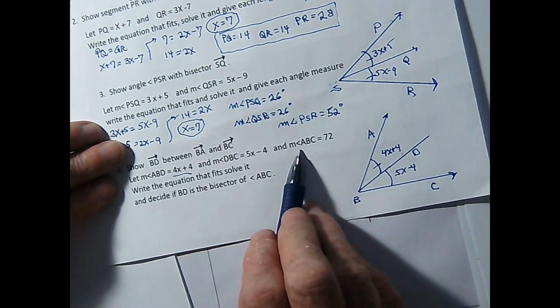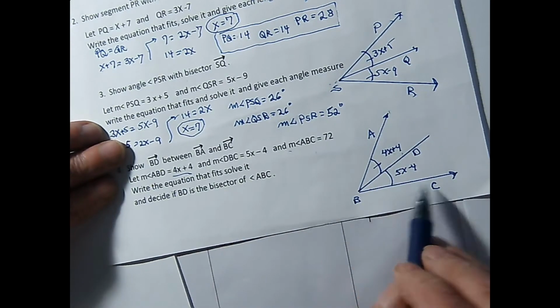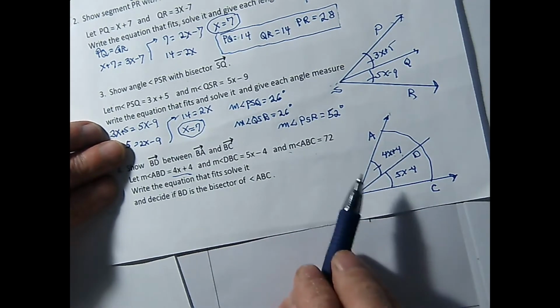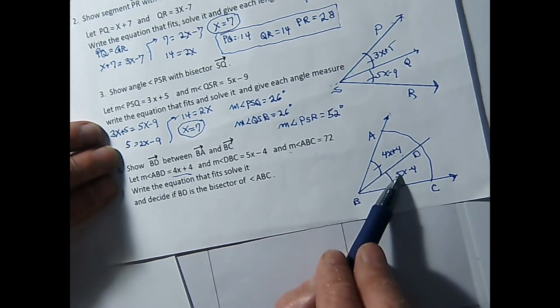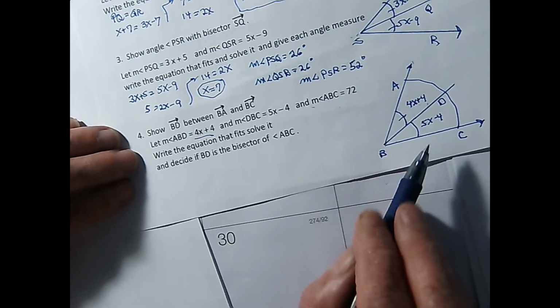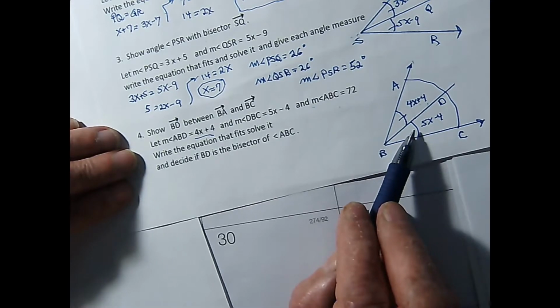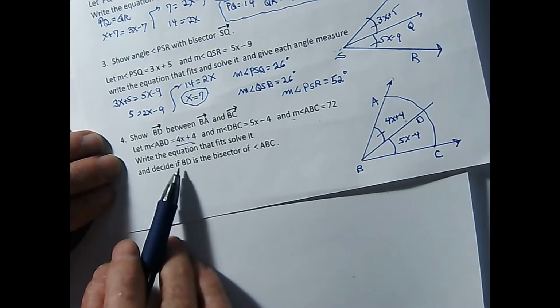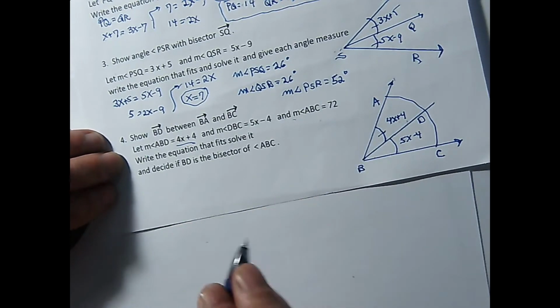And the full measure of the full angle ABC is 72 degrees. Like any other angle addition statement, I know that these two smaller angles are going to add up to the full angle. I'm going to write that equation. I can figure the value of x, and then I can find the measures of these angles. And if I can do all that, I could probably decide if BD is the bisector of angle ABC.